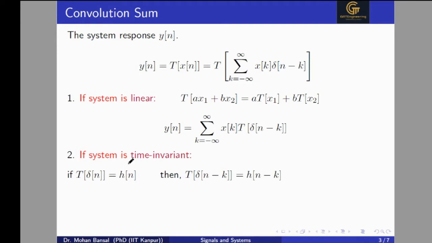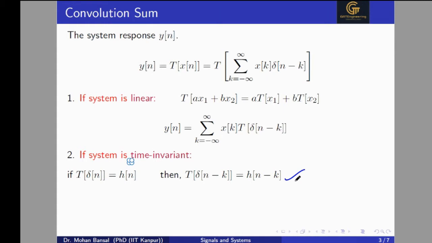Now, if we talk about the time invariant property, if T of delta[n] is h[n], then when the input signal is the impulse function, we get the impulse response in the output. Similarly, if we use the shifted impulse signal in the input, we get the shifted impulse response in the output. So T of delta[n minus k] can be written as h[n minus k], the shifted impulse response for the shifted input signal.